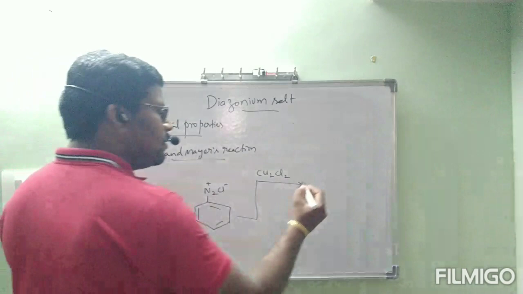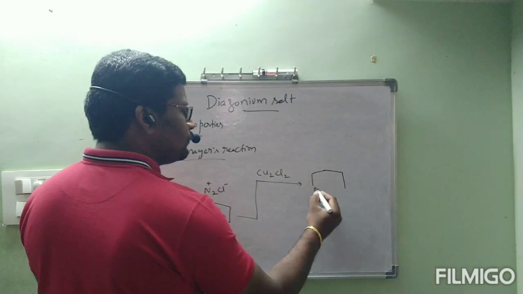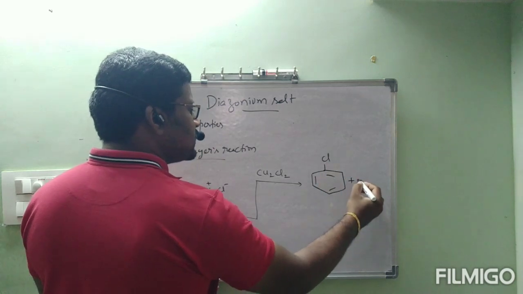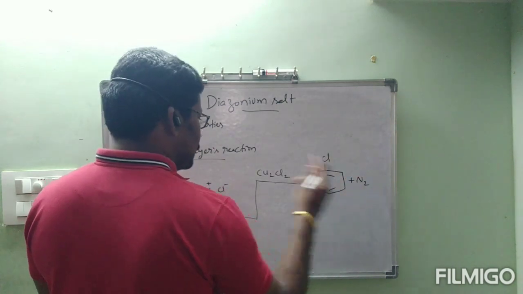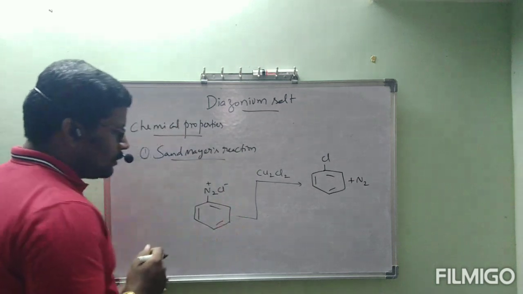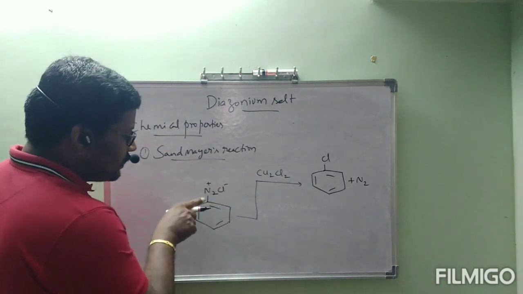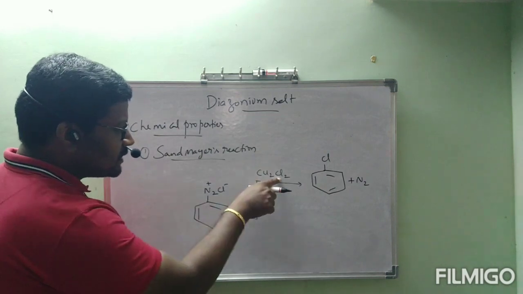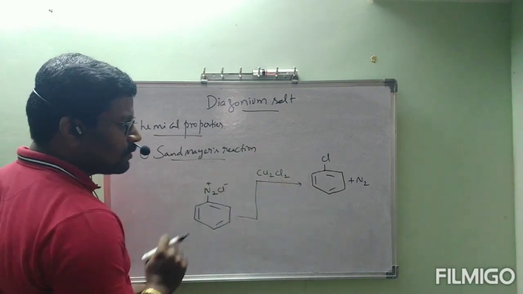We will get chlorobenzene plus N2. This N2 nitrogen gas is coming out. Instead of this, we replace with chlorine. Okay, we will get chlorobenzene.